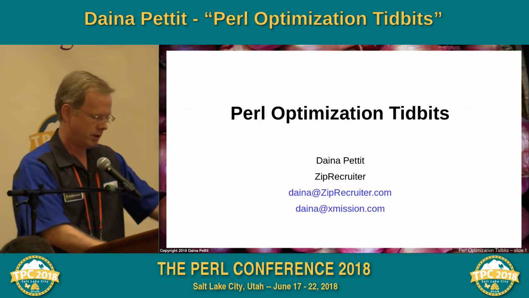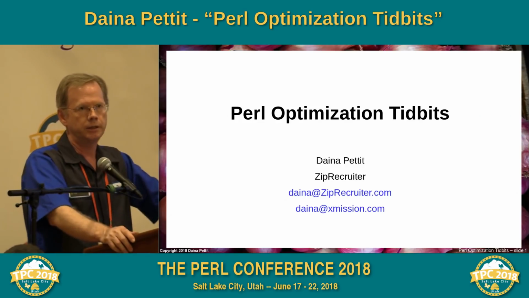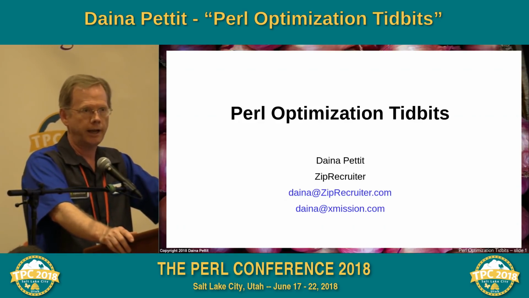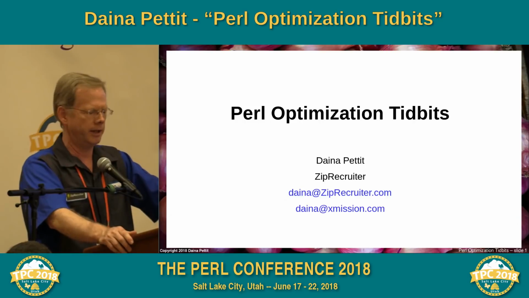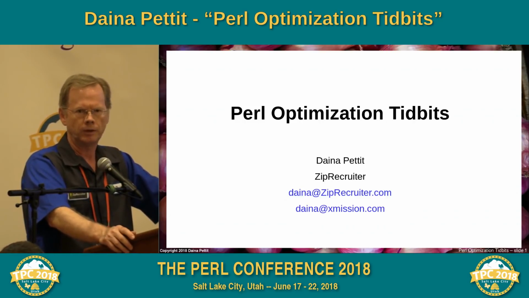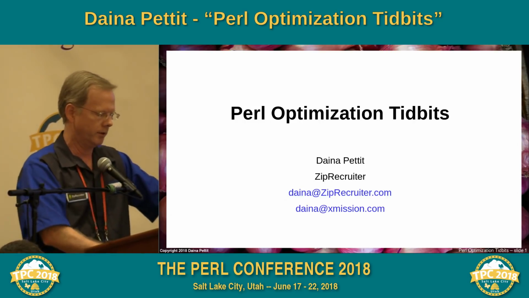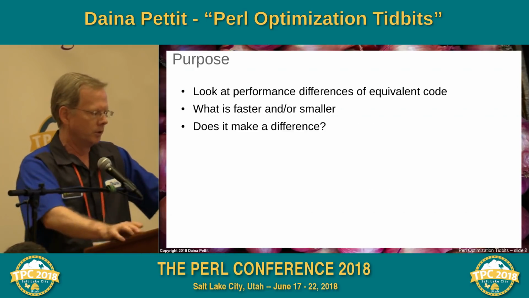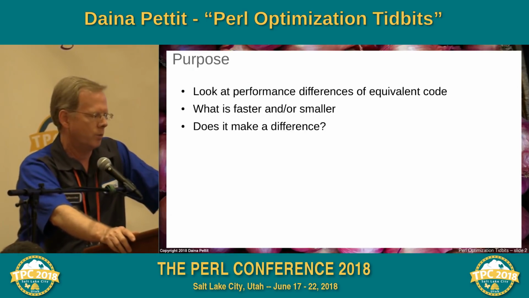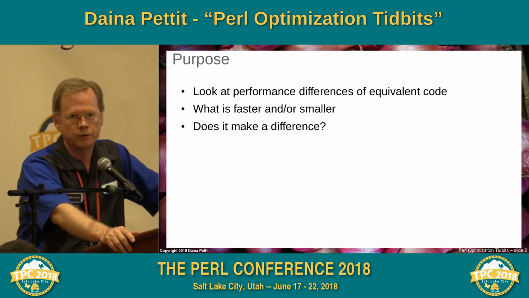So what we're going to do here, if you attended OpenWest, I had an early version of this talk in 2017. I don't know that anybody here attended that, so you won't have to worry about repeating very much. The purpose of this is that we're going to look at performance differences of equivalent code.